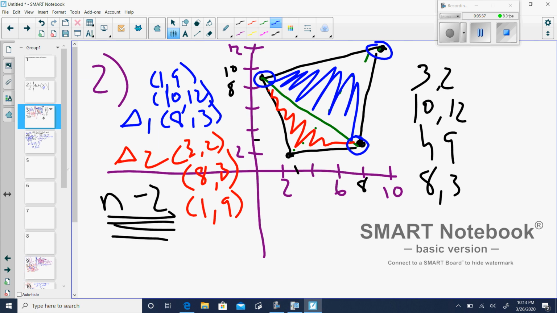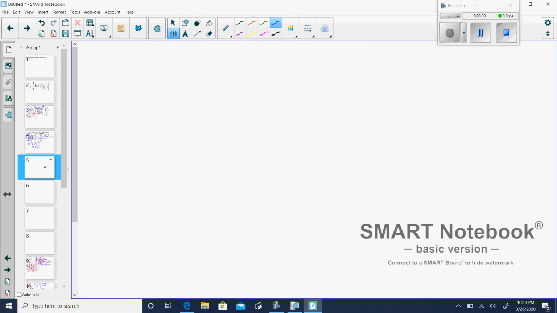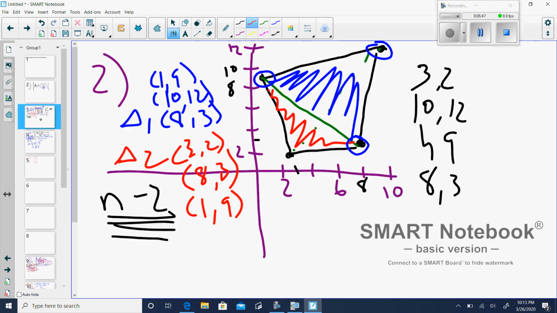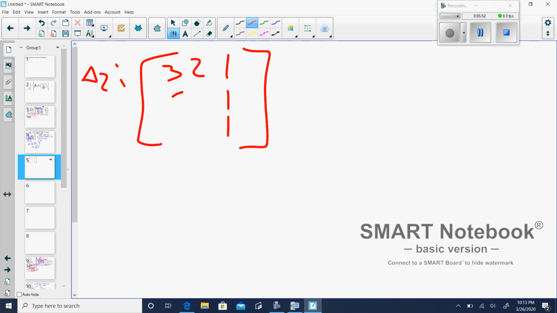All right, so now we need to do this for triangle 2 as well. We know that that third column is all ones. So we have 3, 2, 1; 8, 3, 1; and 1, 9, 1.